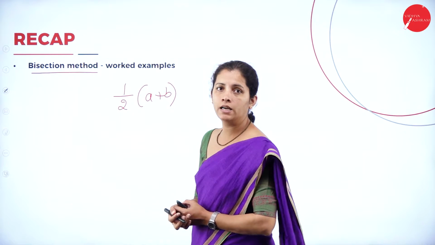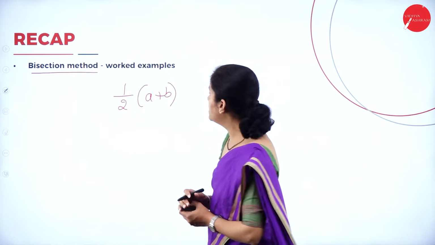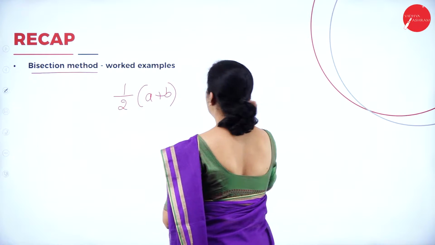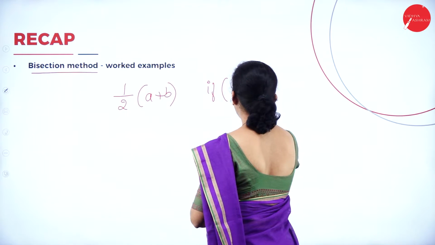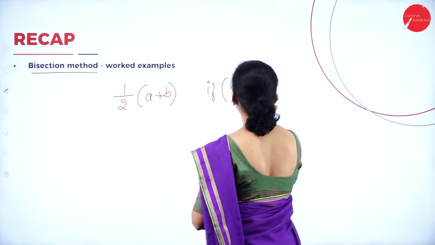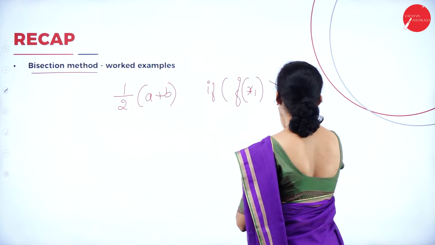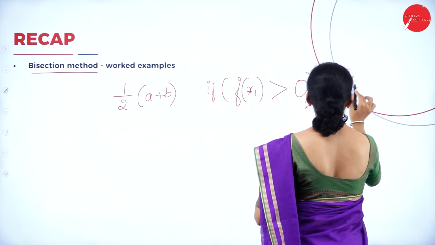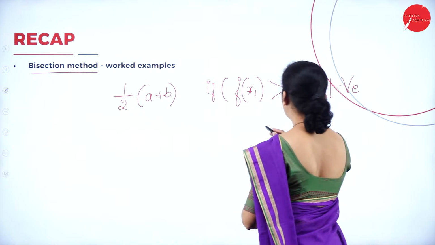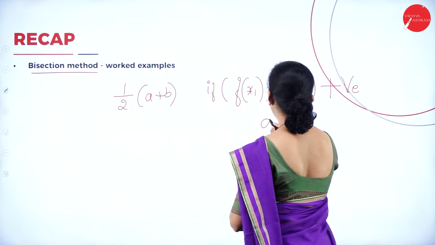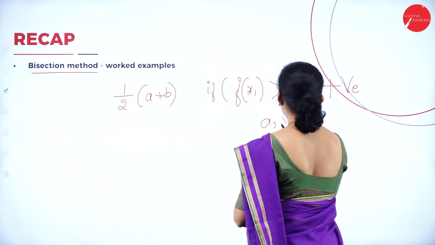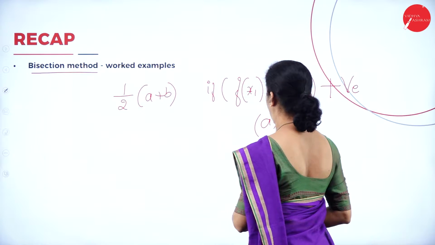And what are the conditions you need to remember? If f of x1 is greater than 0, then it is a positive number. Then what do I want to do? I want to change b into x1.